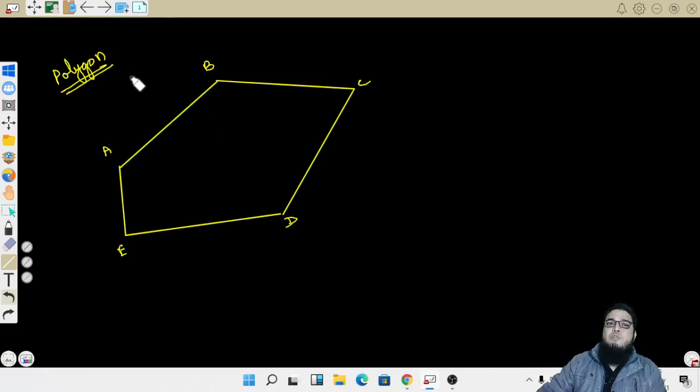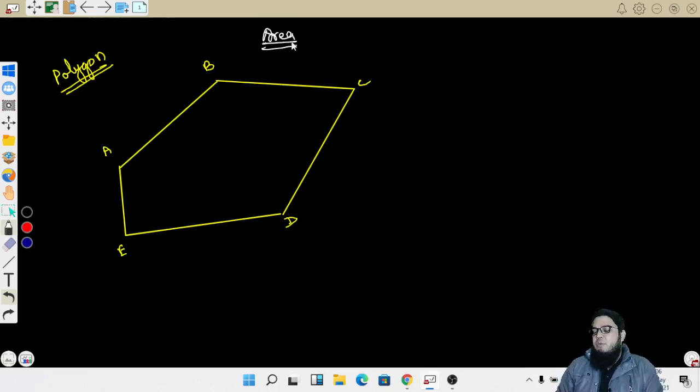Okay, now if we have to calculate the area of this, we don't have any fixed formula for a pentagon or a hexagon, especially an irregular one. So if we are getting polygons and we have to find the area, we will divide it into small polygons, the best being triangles, or a trapezium, or a rectangle, or a typical parallelogram.